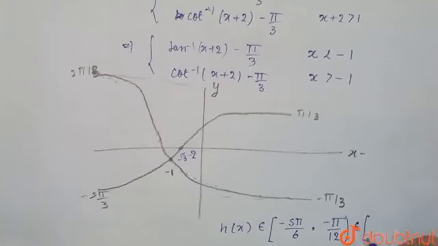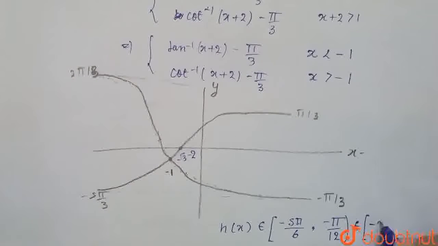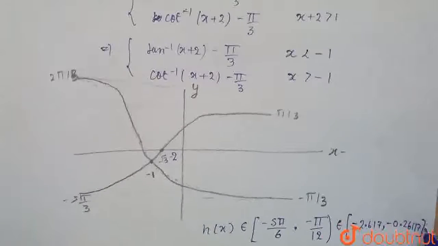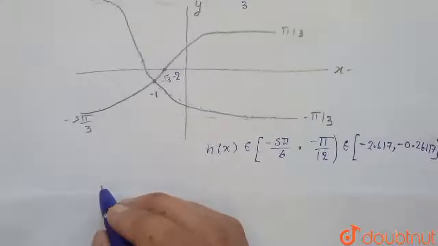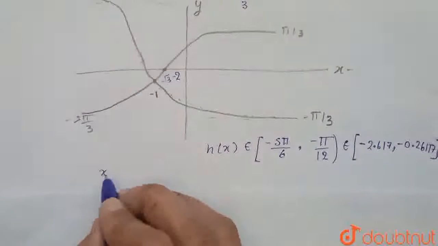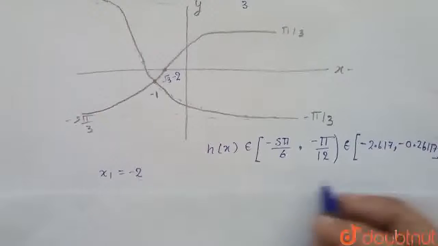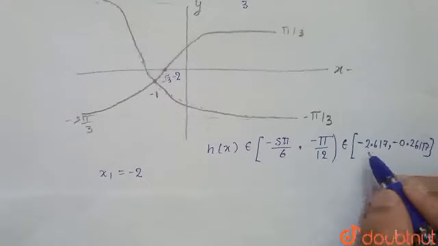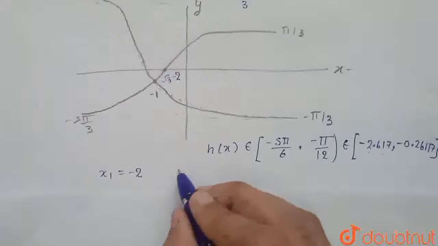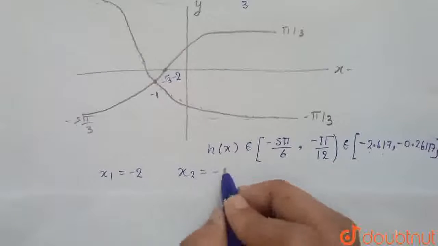That means when we put the value of pi, we will get minimum minus 2.617 and maximum minus 0.2617. That means our x1 will be minus 2 because we have to find the integer value, and x2 will be minus 1.